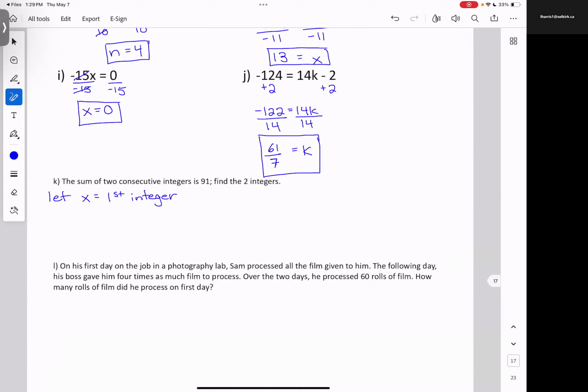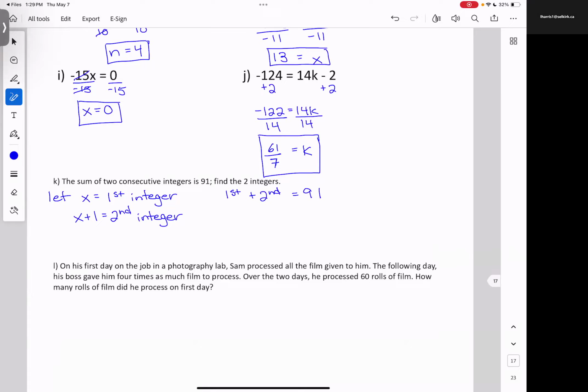Well, if x is the first integer, we know the next consecutive integer is going to be one more. So that would be x plus 1. So x plus 1 is going to be our second integer. So we're told the sum of these integers, so the first integer plus the second, equals 91.